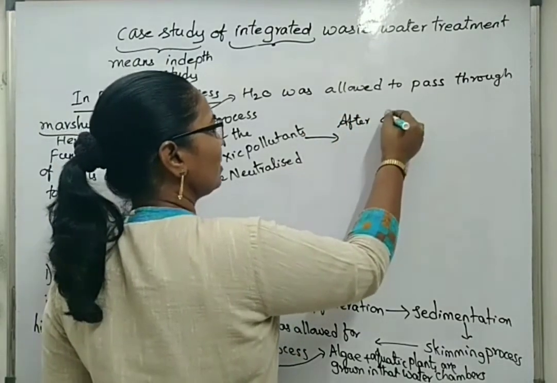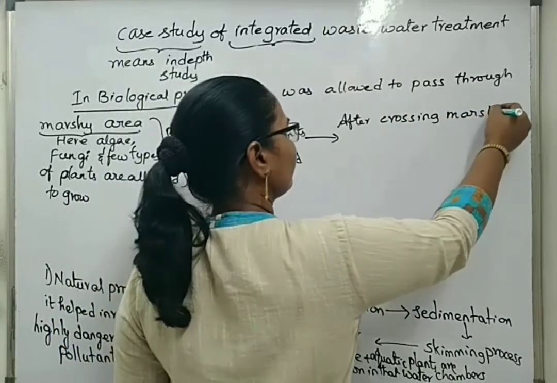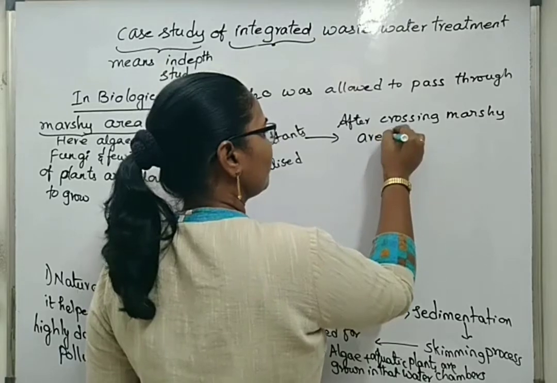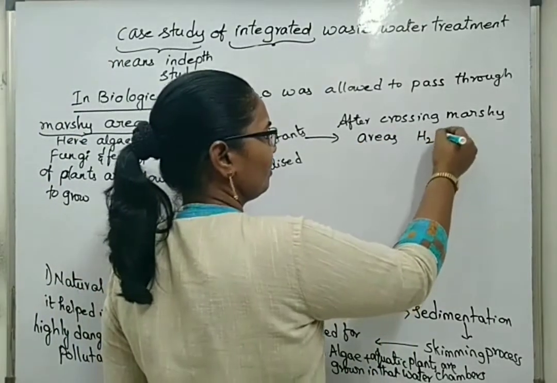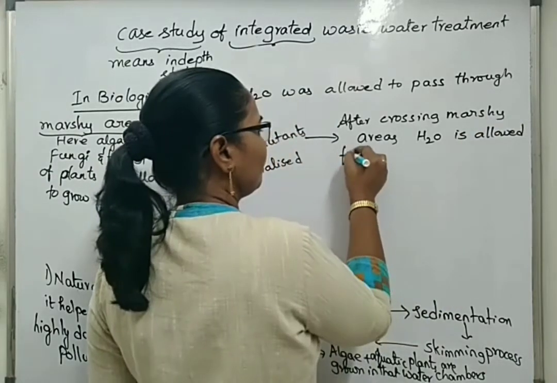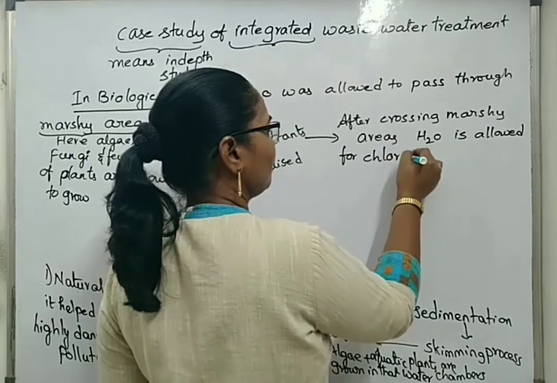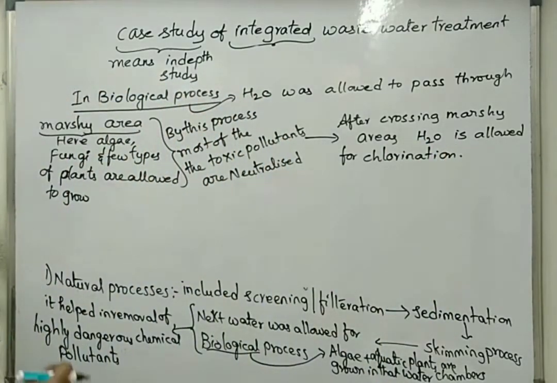After crossing the marshy areas, water is allowed for chlorination. In chlorination, most of the water is purified.